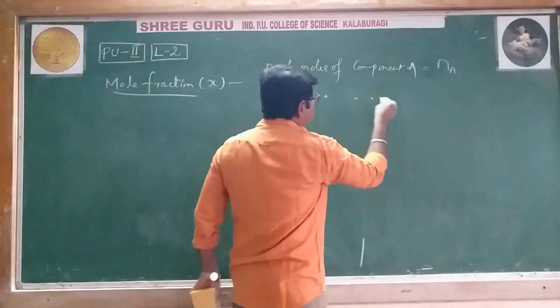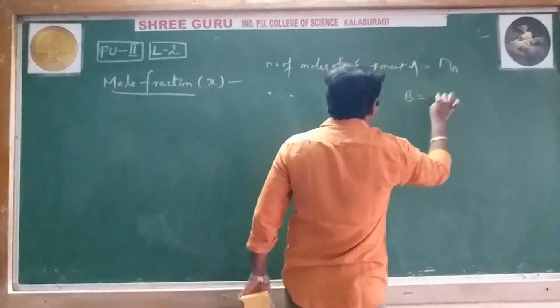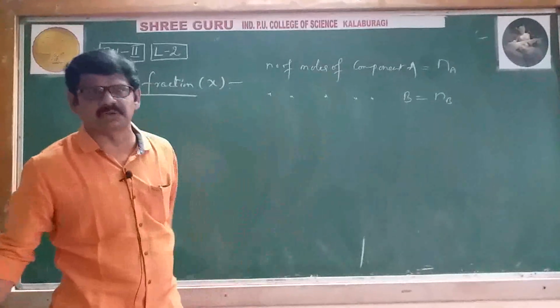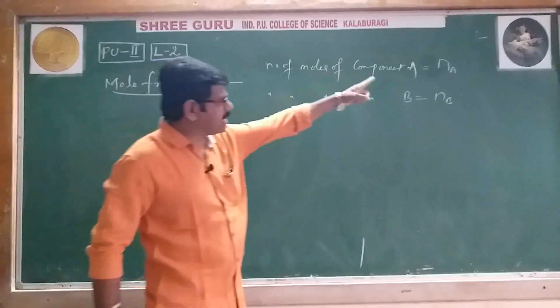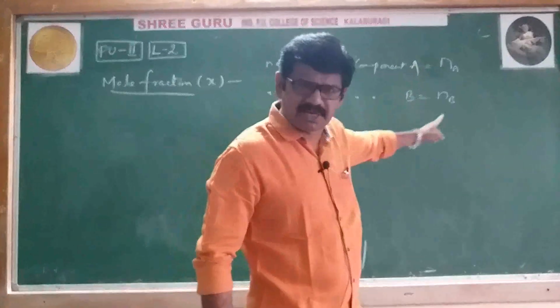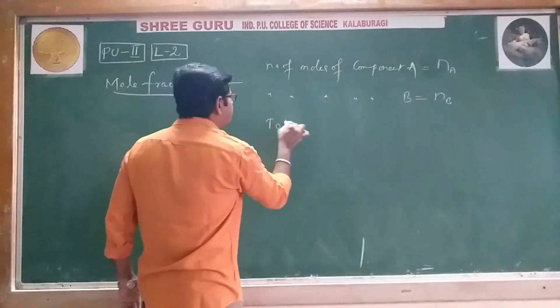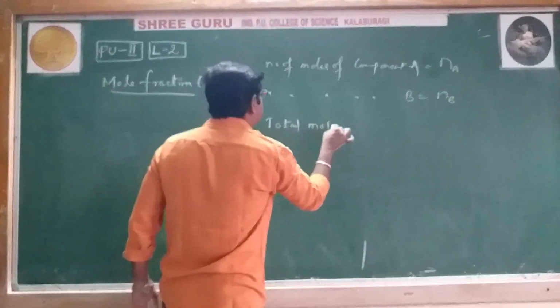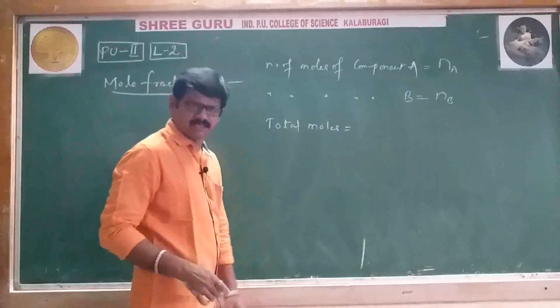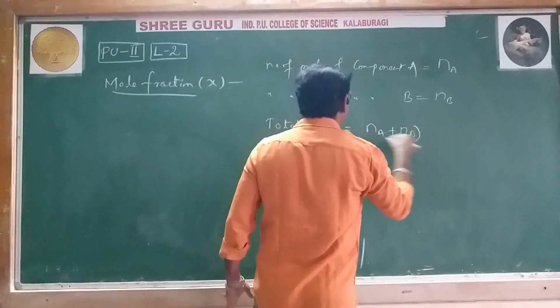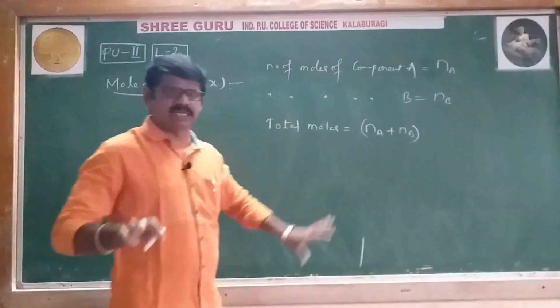Number of moles of component B is nothing but Nb. N is nothing but number of moles. Then we'll have only two components. Therefore, total moles of all the components is Na plus Nb. Up to here there is no problem.